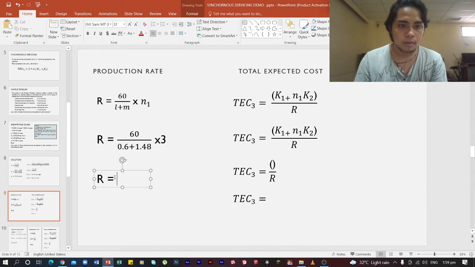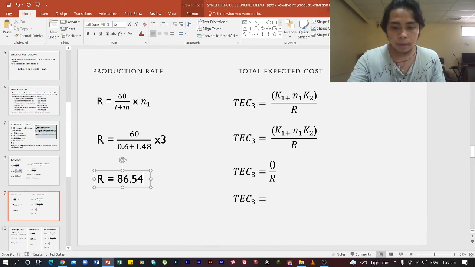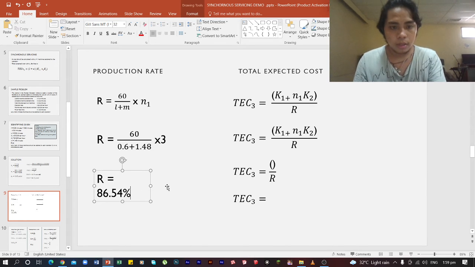Let's solve it. 60 over 0.6 plus 1.48 times 3. We got the rate of production as 86.54%. It's a percentage, because it's the rate of production.